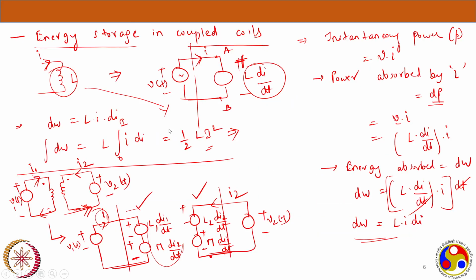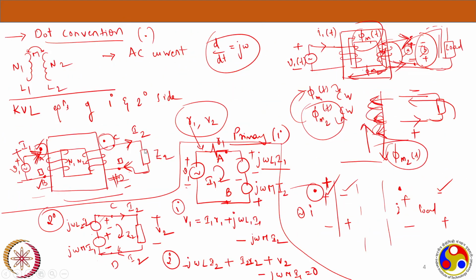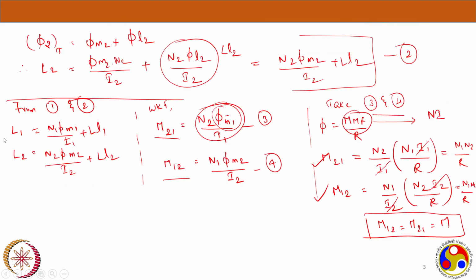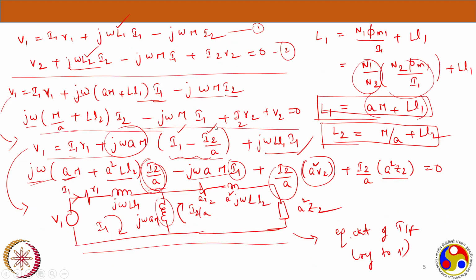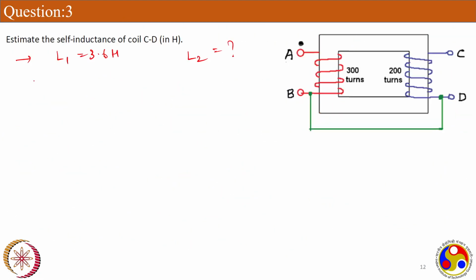No issue. L1, where is L1? Yeah, L1, this one. L1 is N1 phi M1 by I1 plus LL1. L1 is equal to N1 phi M1 by I1 plus LL1.